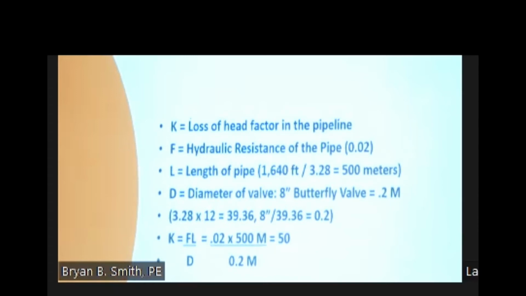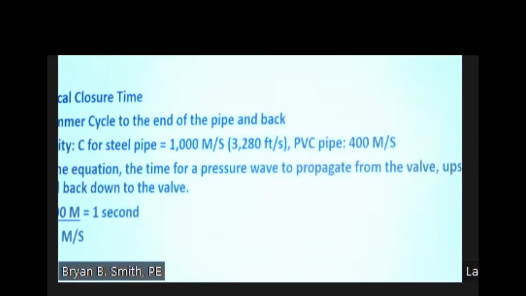We're going to calculate the loss of head factor in the piping system, the hydraulic resistance of the pipe. I said the piping is 1,640 feet long, 8-inch line. K factor is 50. Now, remember, we started this off with that wave. My piping system is 1,640 feet long.